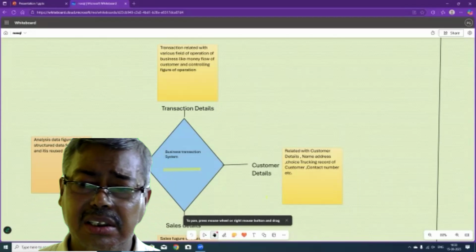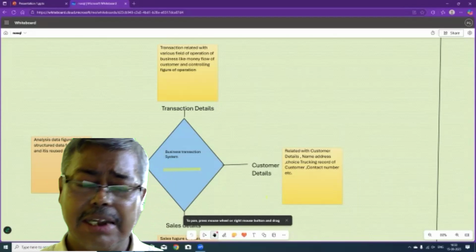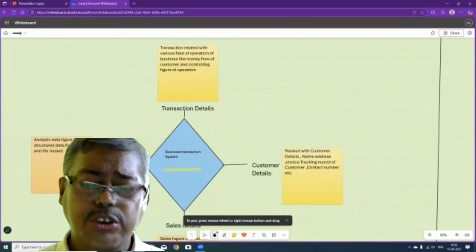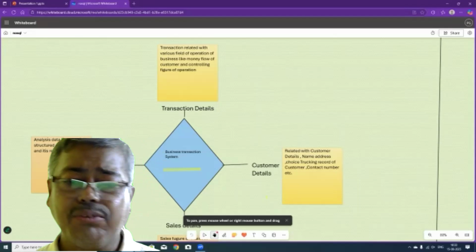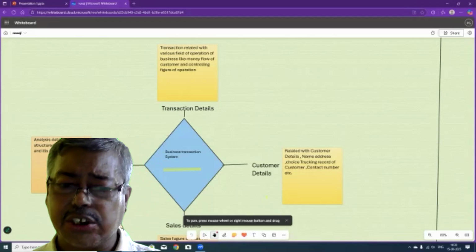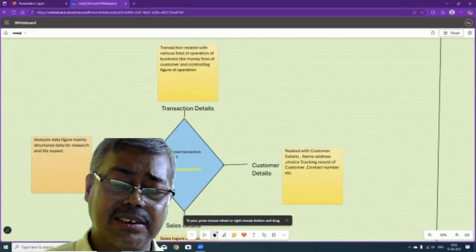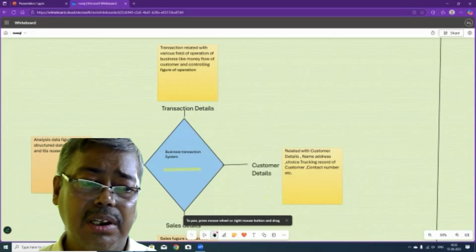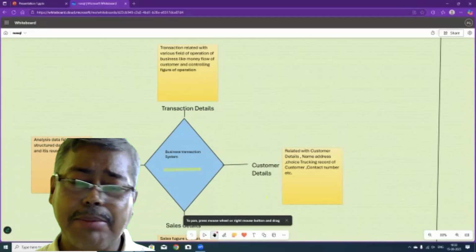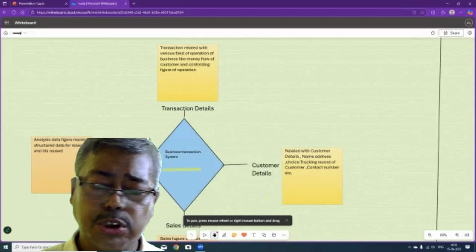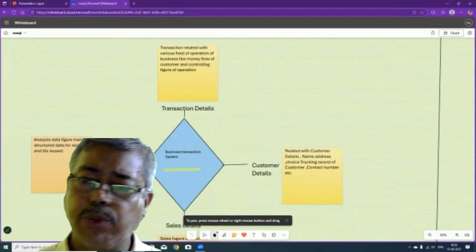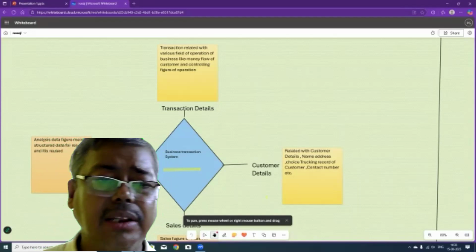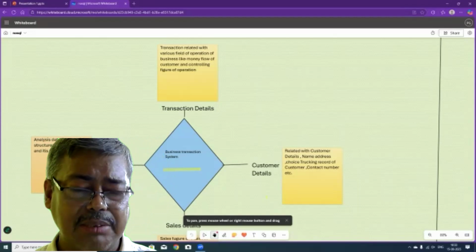Several private banking systems also maintain two separate databases for the business transaction system: one for customer details, customer photo and customer records, and another for the transactions. Transaction systems are supported by RDBMS, and those blob files, the unstructured data files, are supported by NoSQL database. And this is the business transaction system.